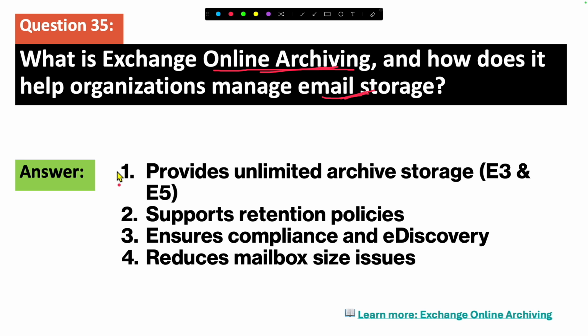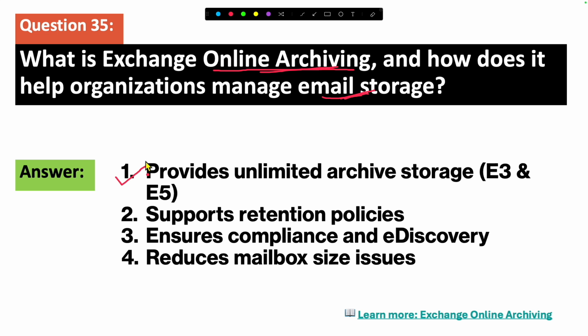First and foremost, you need to tell that Exchange Online provides unlimited archive storage for users who are in the E3 and E5 plan. That is you showing what archival options are available between these licensing plans, and that if anybody is part of E3 or E5, they get unlimited archive storage.